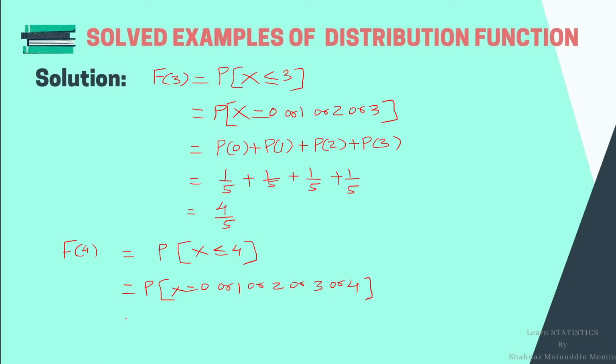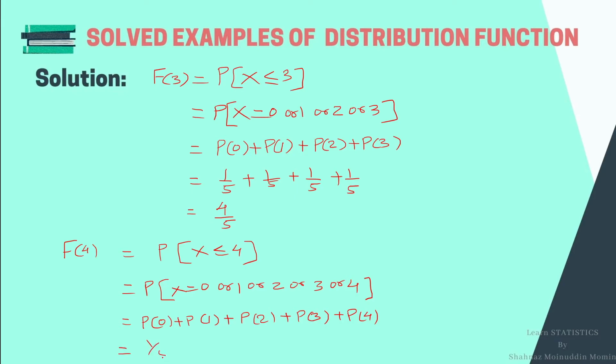By adding all these probabilities, we get P0 plus P1 plus P2 plus P3 plus P4.